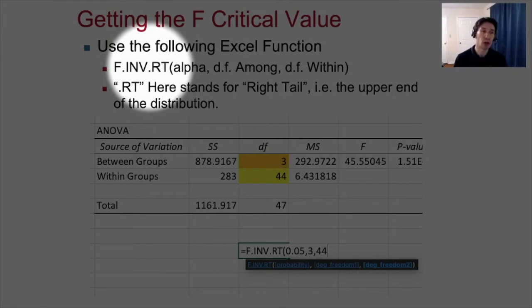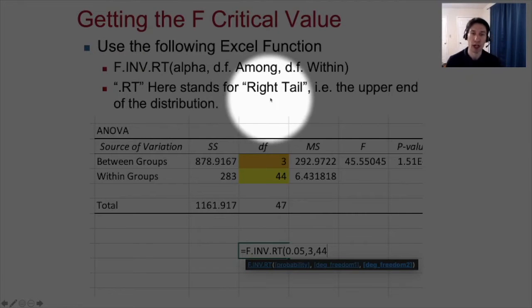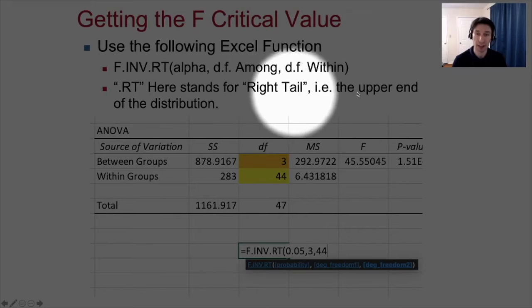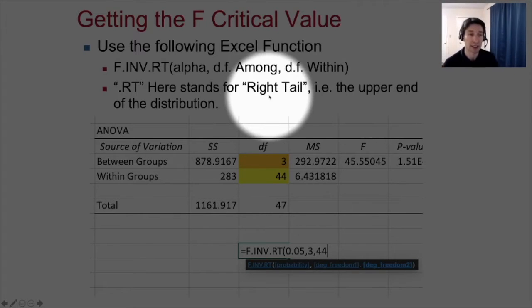So the same way we used to have a norm.inv and a t.inv, now we have an f.inv, and we can have an f.inv.rt where rt stands for the right tail. And remember, the f is asymmetric, and so you will always use the rt, meaning you're looking at the upper end of the distribution on the right tail.